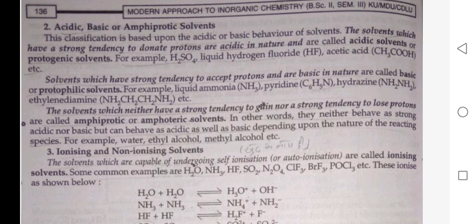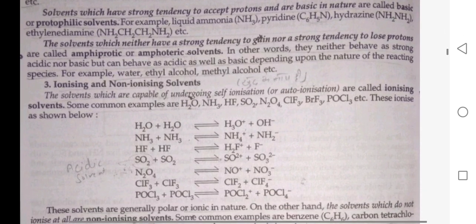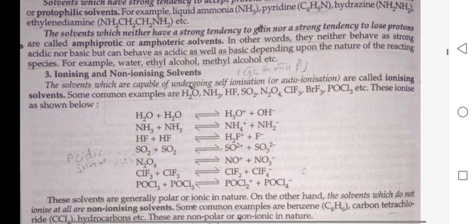In other words, they behave neither as strongly acidic nor basic, but can behave as acid as well as base depending upon the nature of the reacting species. For example, water, ethyl alcohol, methyl alcohol, etc. Ionizing or non-ionizing solvents.